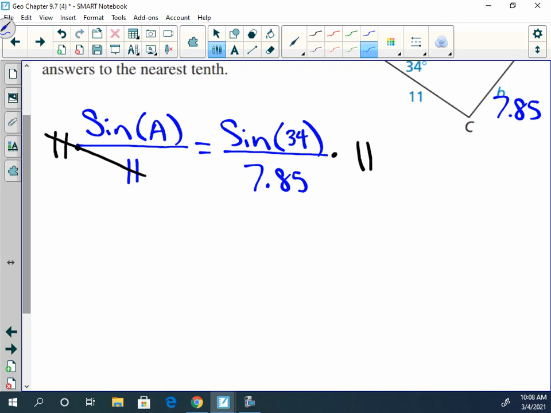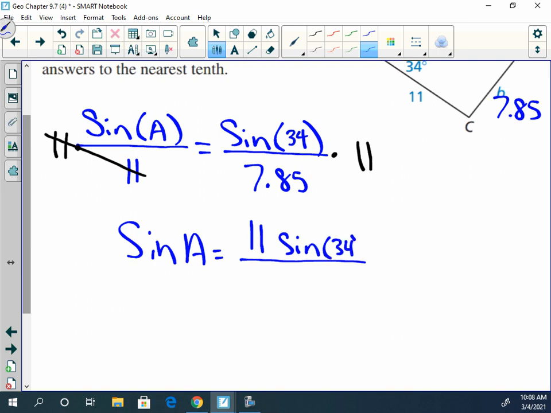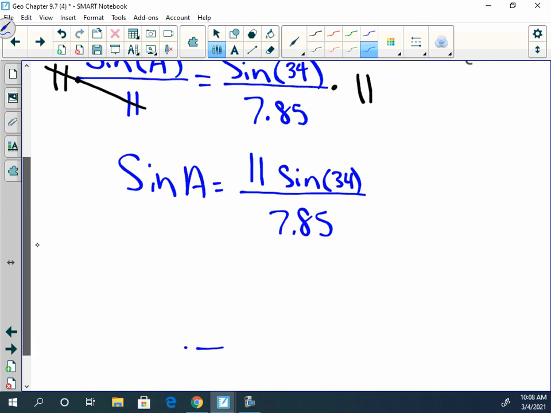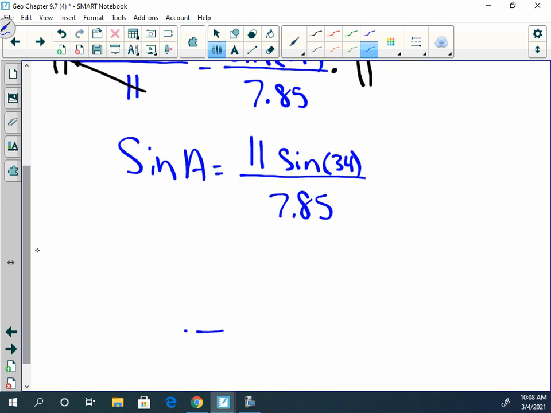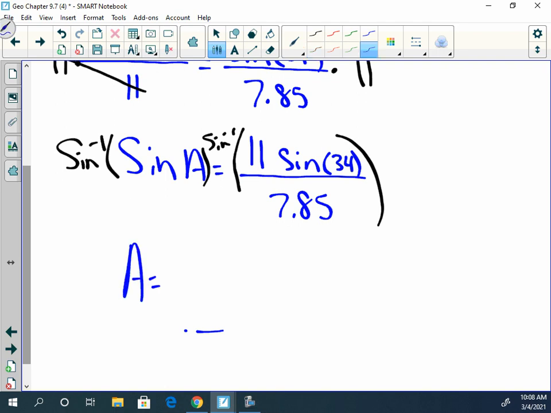Right, so you would have 11 sine of 34 over our 7.85, yes? Is what's inside. And now to get A by itself, we have to take sine inverse of both sides.